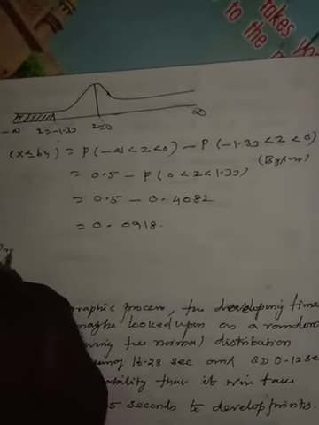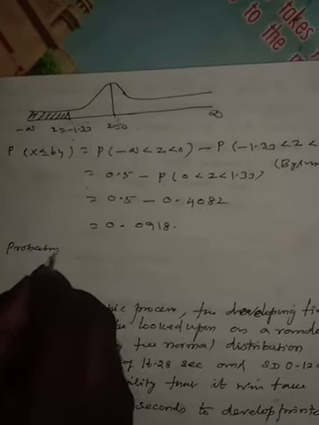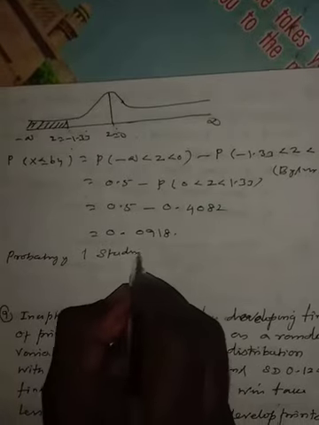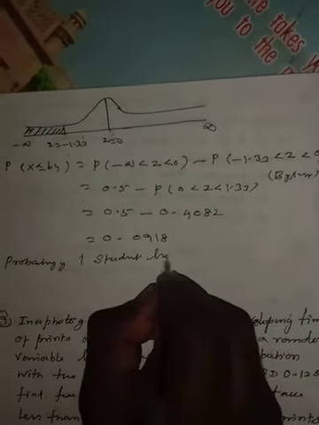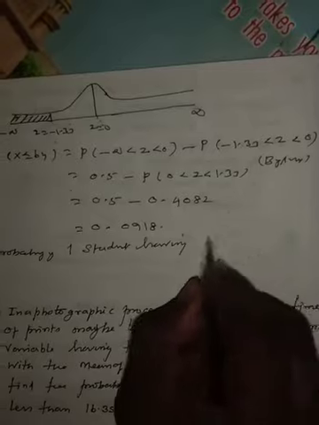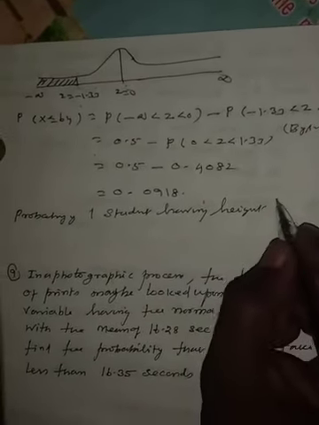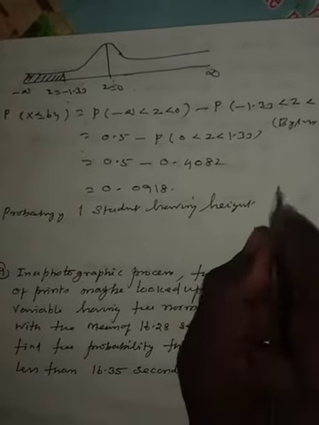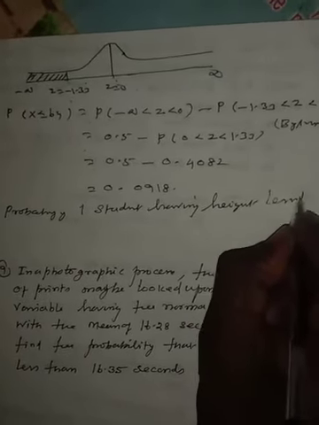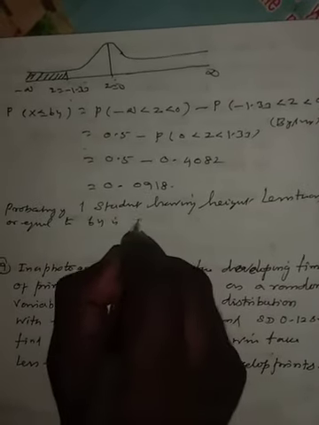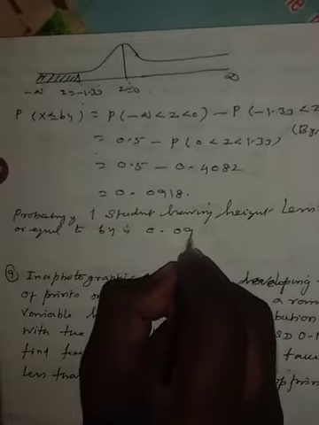The probability of one student having a height less than or equal to 64 is 0.0918.